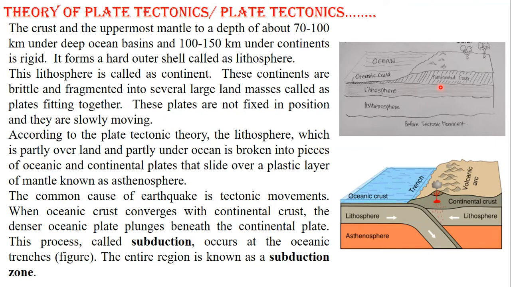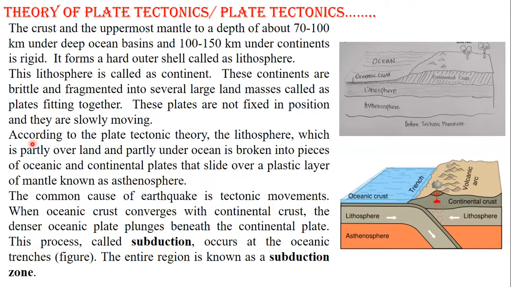So thus the entire earth surface is divided into different plates, fitting together. These plates are not fixed in position and they are slowly moving. The Indian plate is moving while the Eurasian plate is also moving.